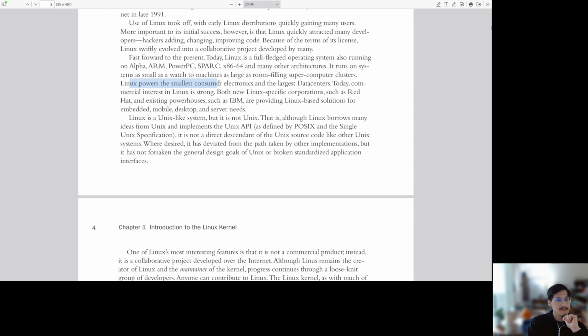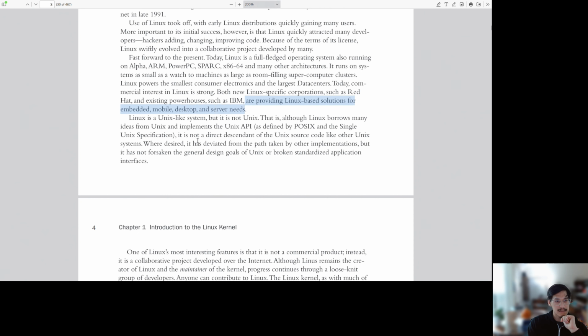Linux powers the smallest consumer electronics and the largest data centers. Today, commercial interest in Linux is strong. Both new Linux-specific corporations such as Red Hat and existing powerhouses such as IBM, so they're the same company now basically, are providing Linux-based solutions for embedded, mobile, desktop, and server needs.